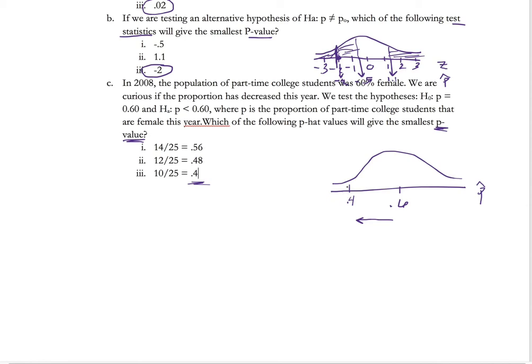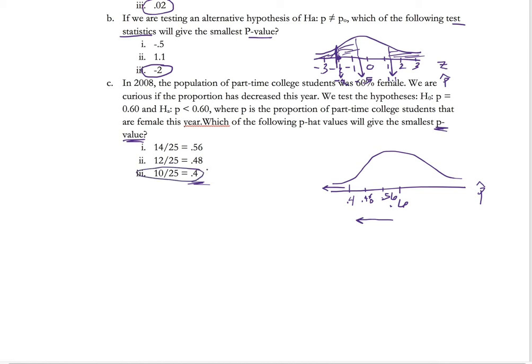Okay, so 0.4 is going to have the smallest area outside, which then means it has the smallest p-value, because this is a number line. 0.48 would be further toward center, and 0.56 would be further toward center still. So the smallest p-value is going to be the p-hat that is furthest away from center, which is 0.4.